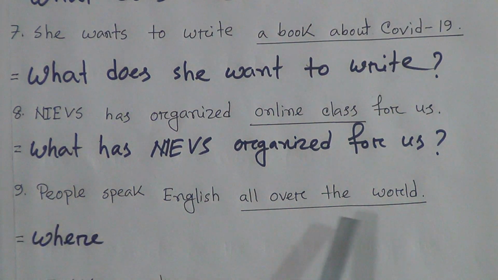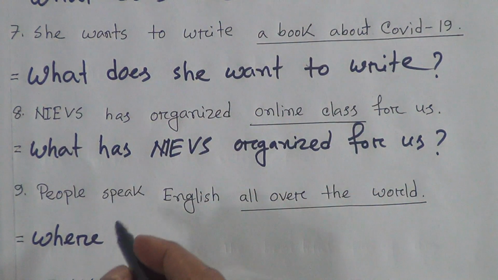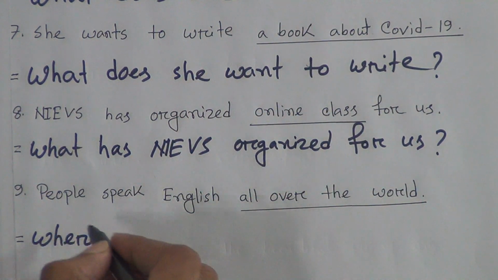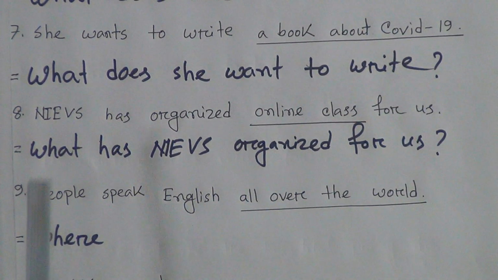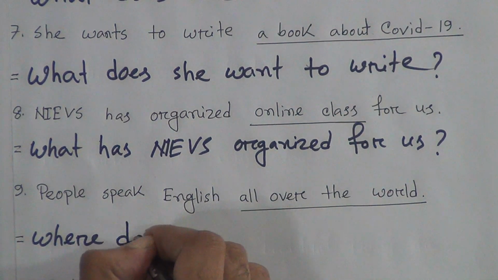There is no be verb or have verb in this sentence, so we will take the do verb as auxiliary verb here. And look that people is a plural noun, so we use do. Where do people speak English?